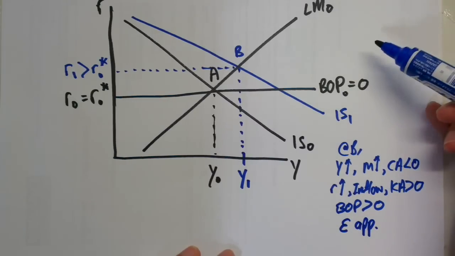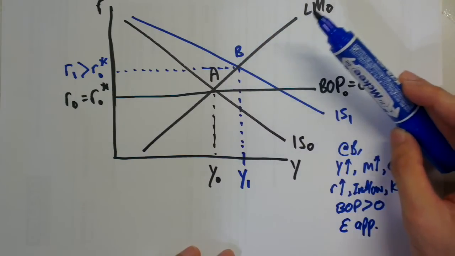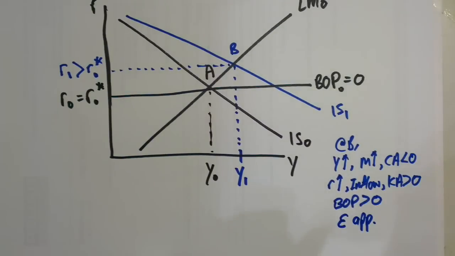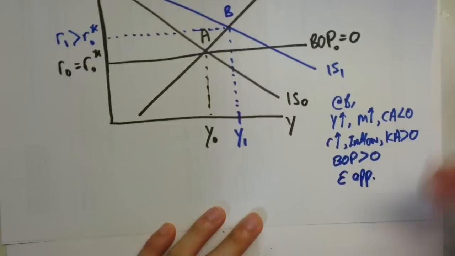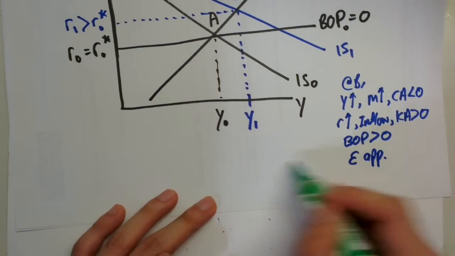What happens in a fixed exchange rate system is that the government is going to intervene, so I'm going to use green. Let's explore why this is going to appreciate.